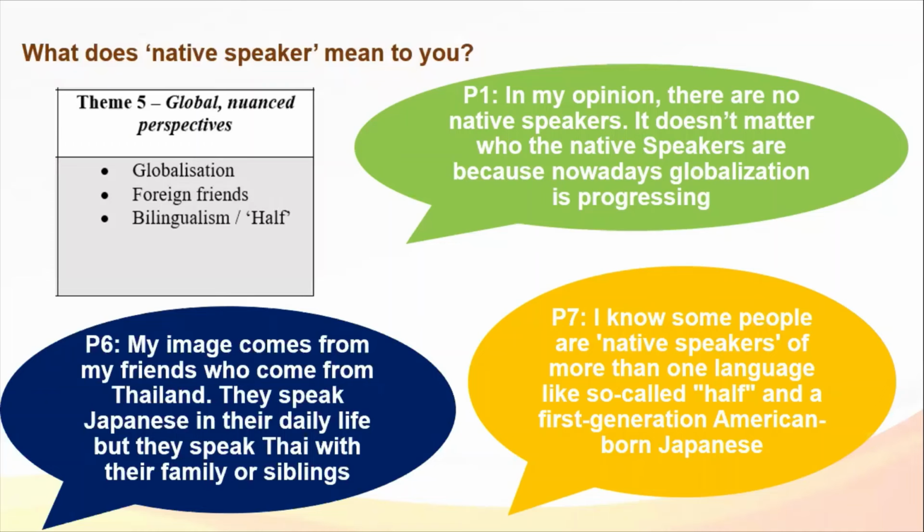They speak Japanese in their daily life, but they speak Thai with their family or siblings." So I thought this was really interesting. As we looked at in the literature review, Japan is a very hierarchical country and it's quite homogenous, but there is a change in perspectives held by some.